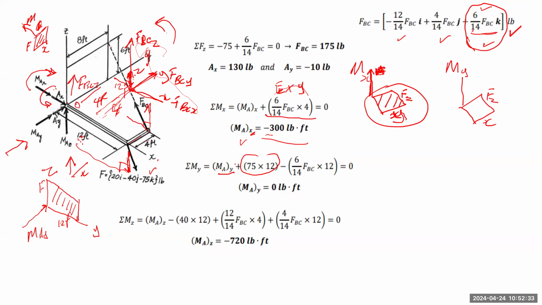What I think is happening here is whoever wrote this may be writing from a different convention. I would actually put a minus here and a plus here, but it would work out to be the same thing. I just took this from another workout, but I'm just checking it for myself. So it is minus 75 times 12, and then I would put positive 6 upon 14 times 12.